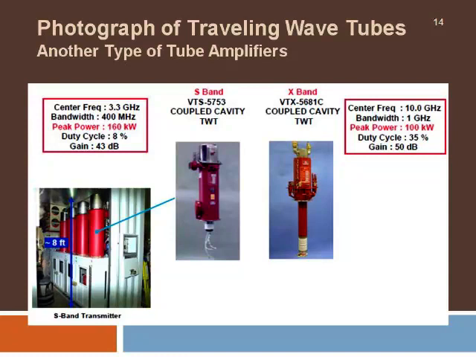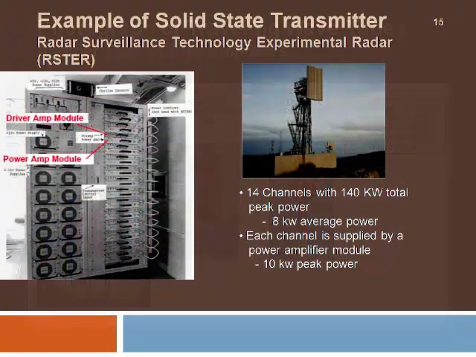For an S-band frequency of operation, a TWT is shown first, and in the second diagram you can see for the same type of job how an X-band device is going to differ. For this X-band device, the specifications are also mentioned, wherein the gain is going to be of the order of 50 dB.